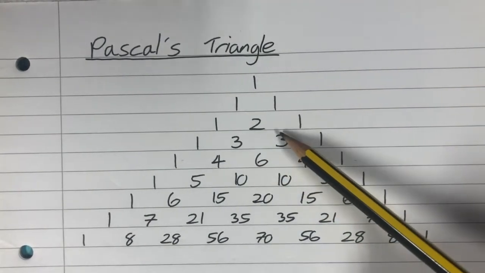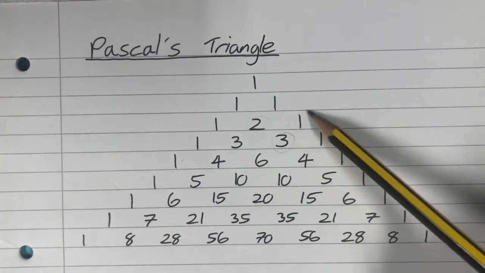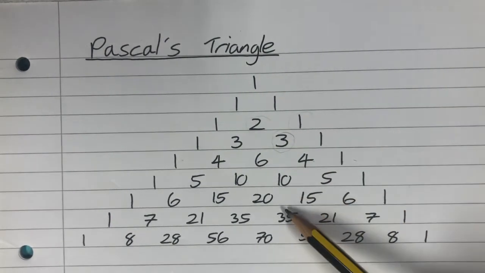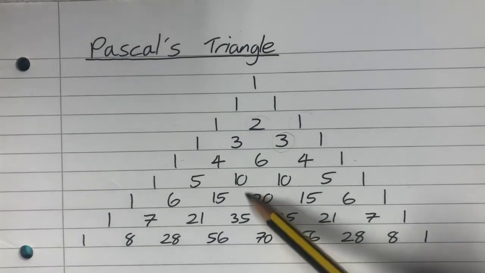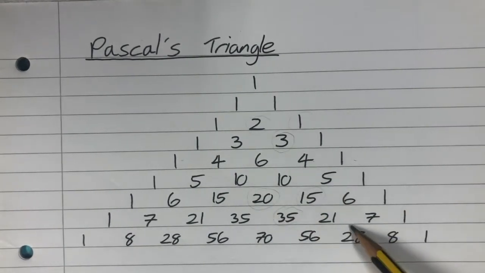So in this case, the number 3, for example, is equal to 2 plus 1. Or the number 35 here is equal to 20 plus 15. Or the number 28 over here, that's equal to 21 plus 7. Okay? So that's exactly how Pascal's triangle is constructed.